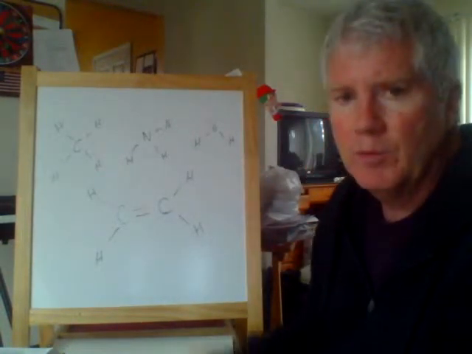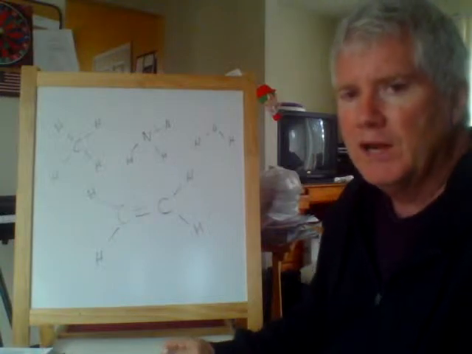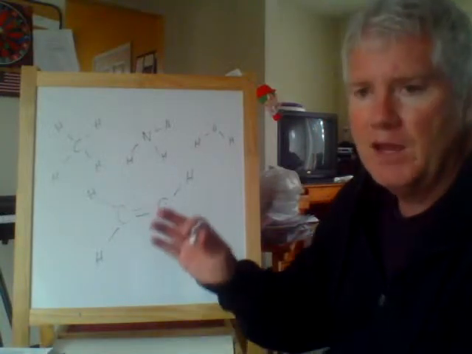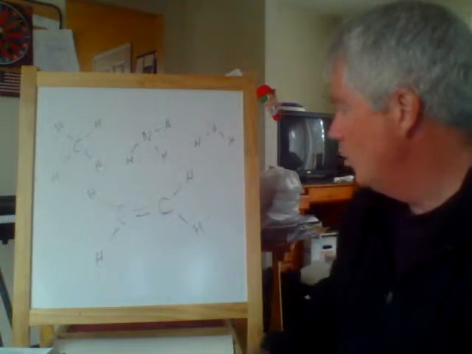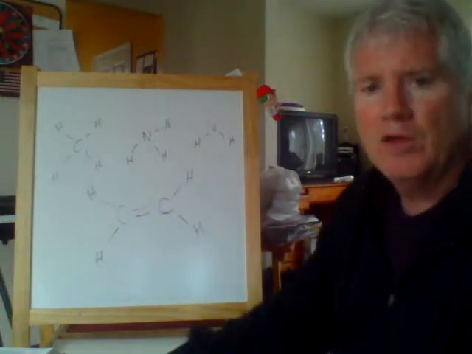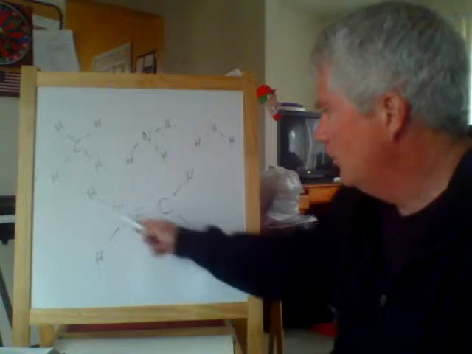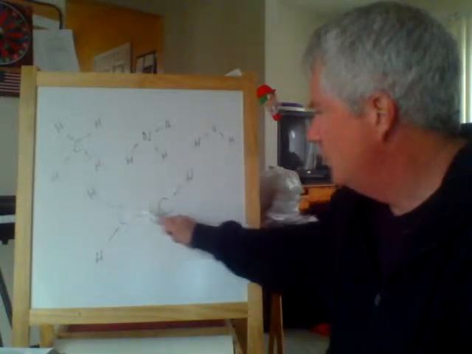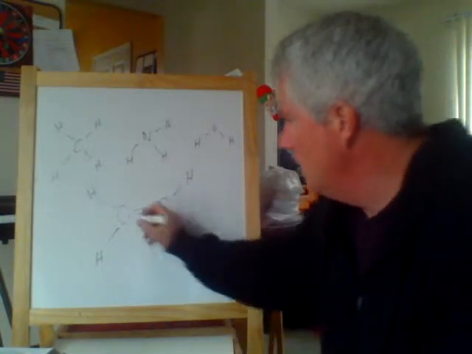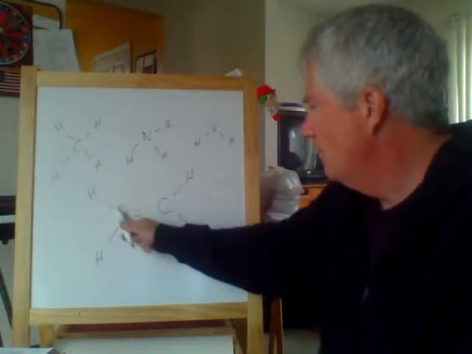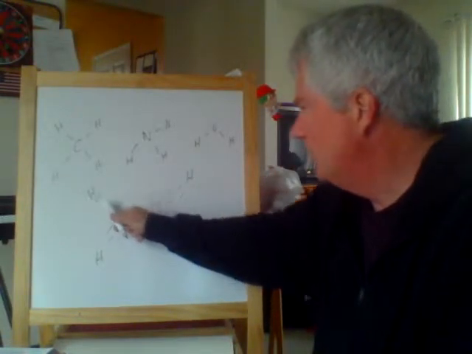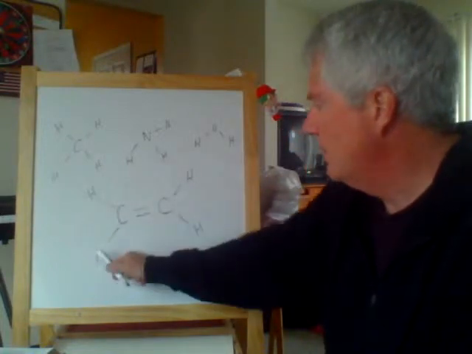Let's take this apart from an orbital standpoint. But first, I want to tell you about an experimental observation. In fact, this even falls out of VSEPR theory. Focusing on one of these carbon atoms, this carbon atom is bonded to 1, 2, 3 things.